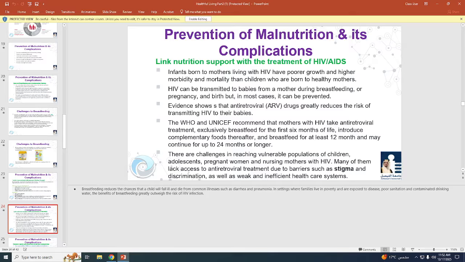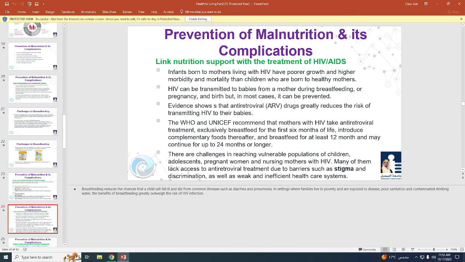Of course, to take the medication during pregnancy and after giving birth. The same recommendation for everyone: to breastfeed exclusively for 6 months, then continue with complementary food after that, and continue breastfeeding until 2 years.